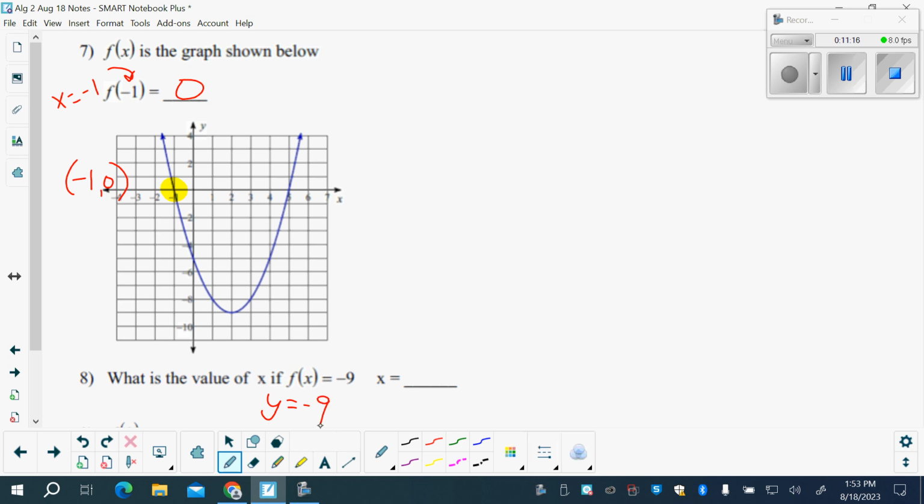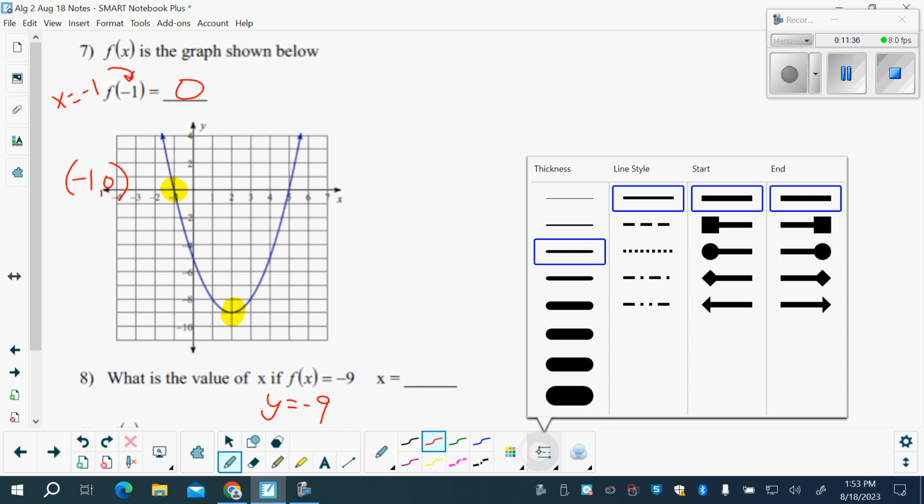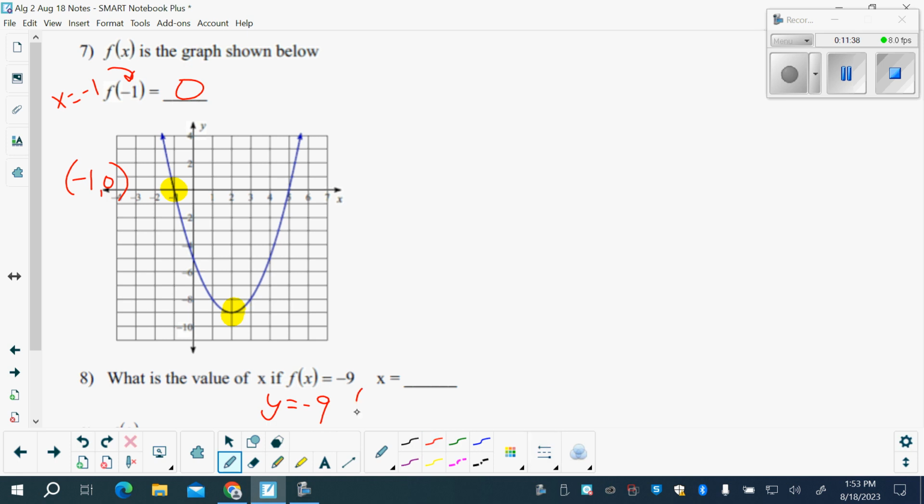So we go onto our graph and we find -9 on the y-axis, and then we go to the graph where we have a point at -9, and that would be this point right here. So that point there is 2, -9. And so my x value is 2.